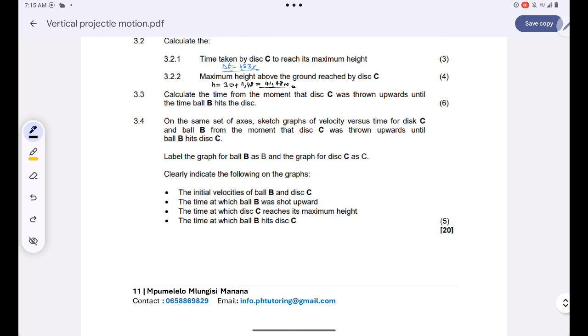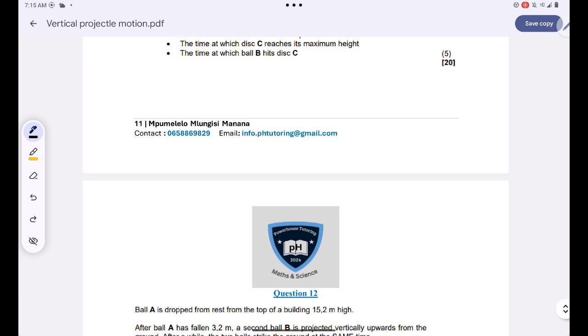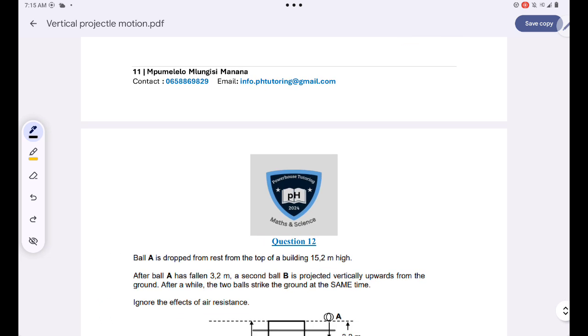Okay, and then now on the same set of axes, sketch the graph of velocity versus time for disk C and ball B from the moment disk C was thrown until ball B hits disk C. Let me try to draw it here, because the disc was thrown at a speed of 15 meters per second.